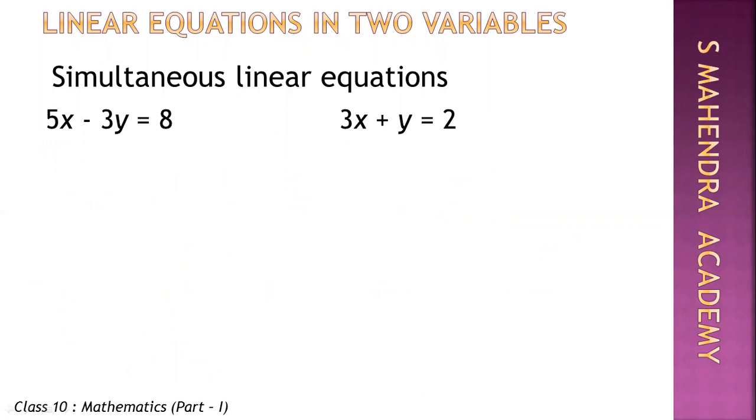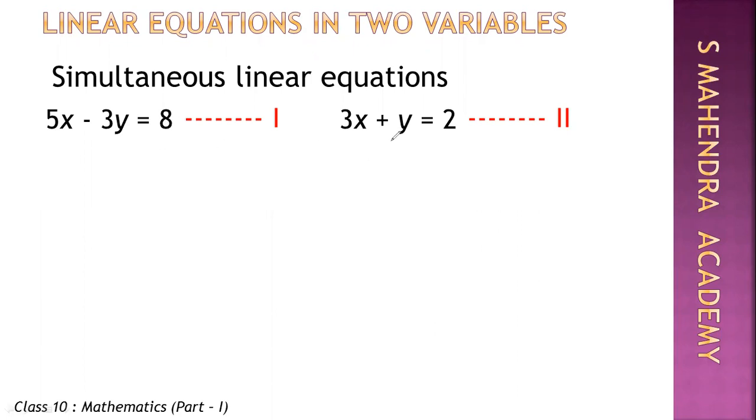we will consider the same equations, that is 5x minus 3y is equal to 8 as equation number 1, and 3x plus y is equal to 2 as equation number 2. Here we have to substitute one variable in terms of another variable for calculation purposes. First we will choose the variable having the lowest coefficient.